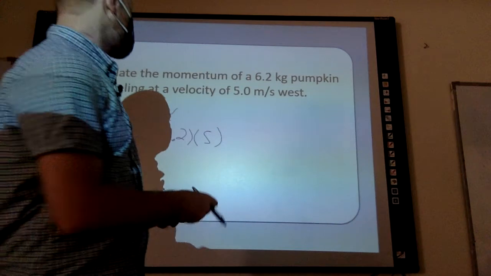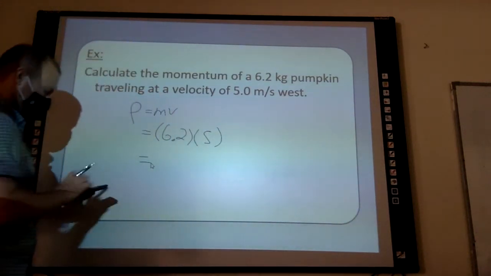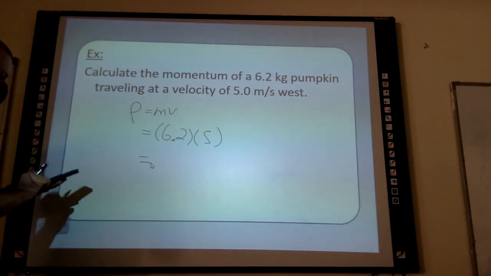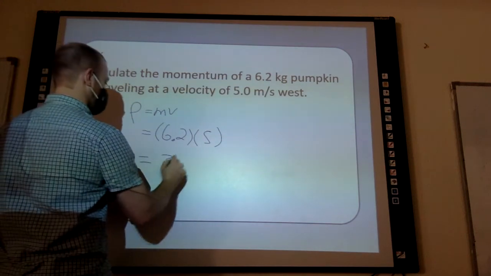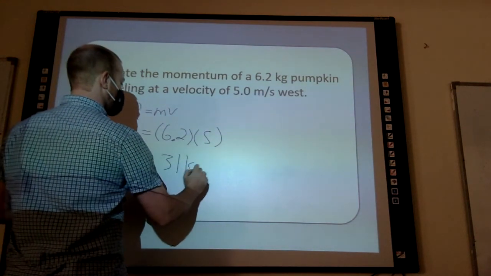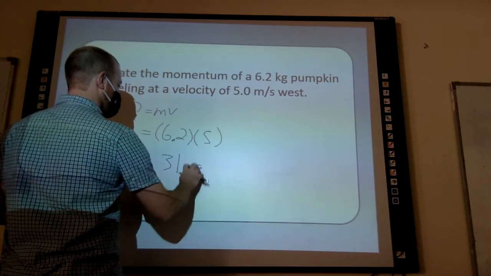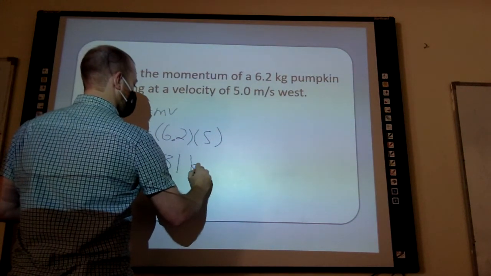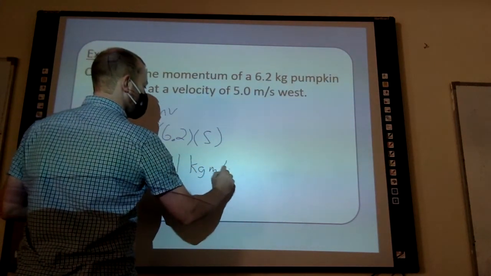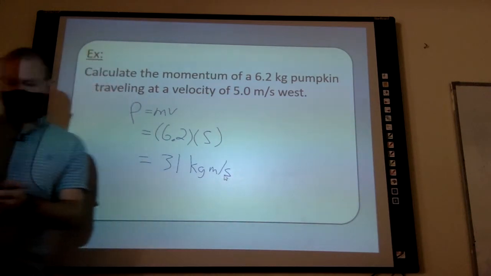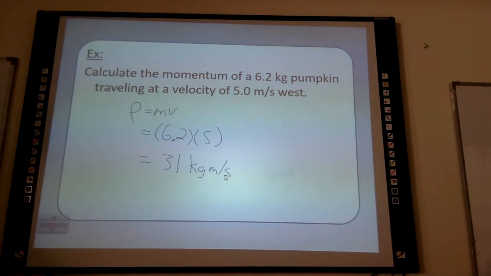I'll use this one. Let's do kilogram meters per second for the first one. If you use Newton seconds for this, that's totally fine. I don't really care which unit you pick, as long as the unit is correct.